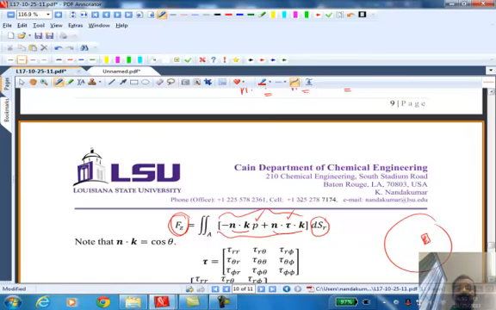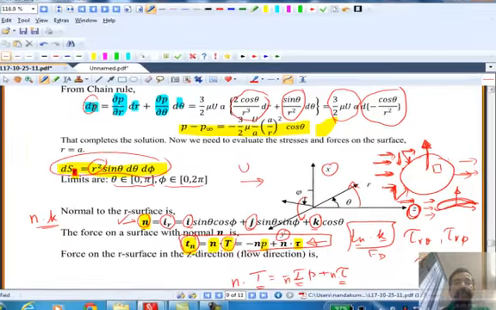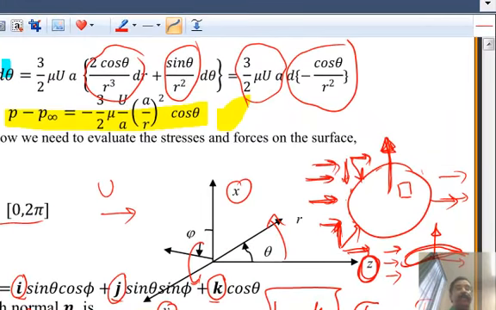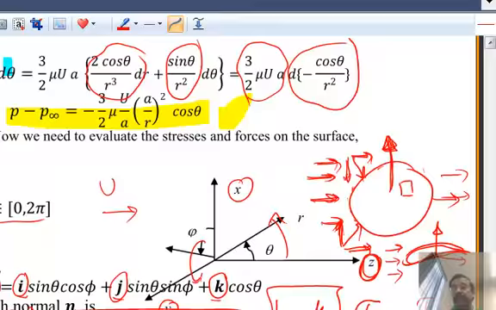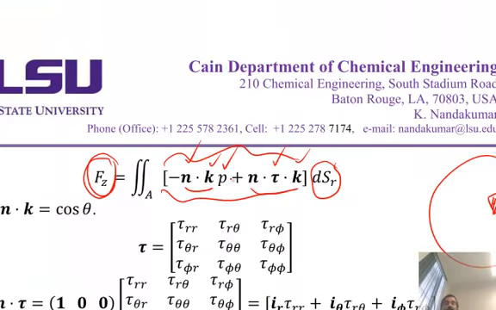And I've already written down the expression for n in terms of i, j, k. And that's all I have. So I have K, the unit vector in the Z direction. I have an expression for n, which I have here. So I have figured out dS. So I have figured out all the components that I need for this integration. n is known, K is known, tau I need to calculate.